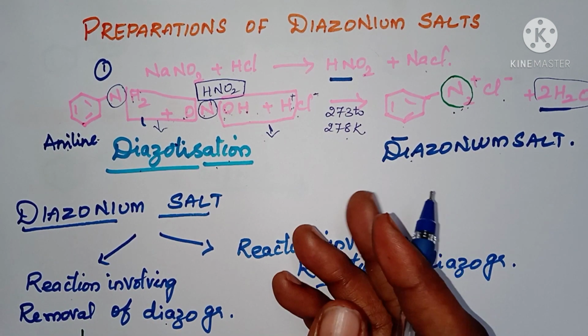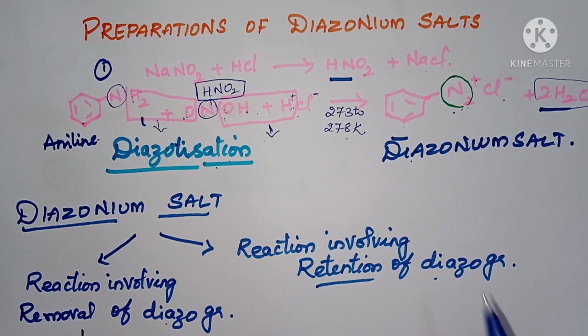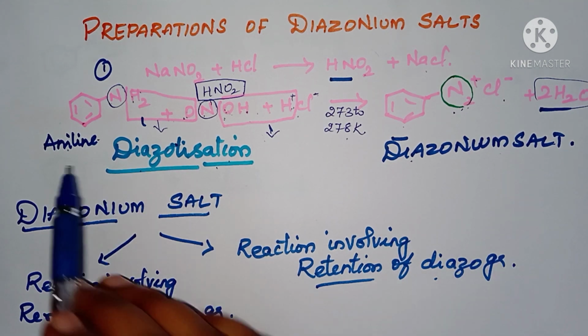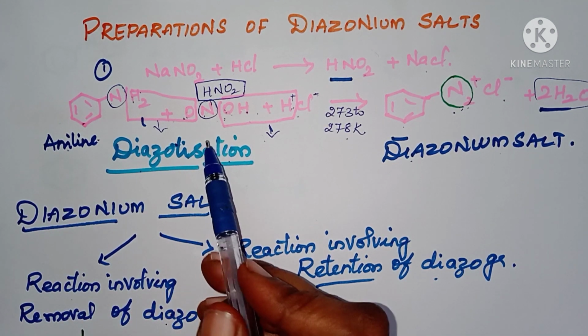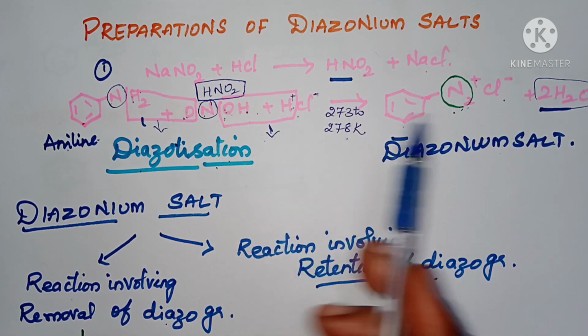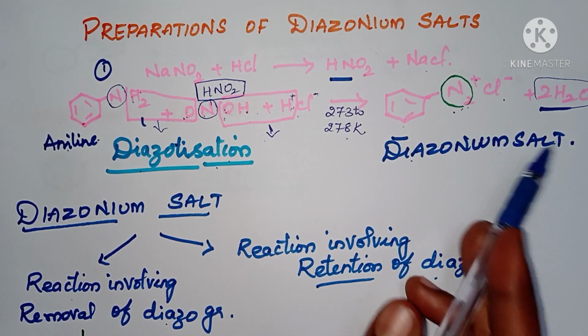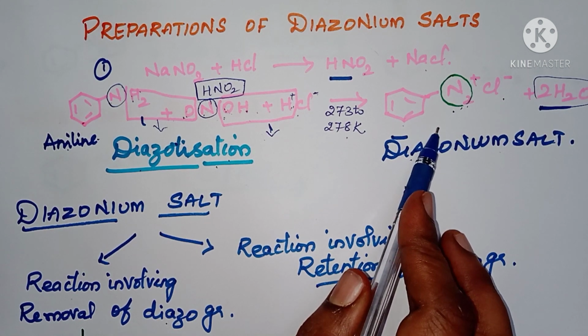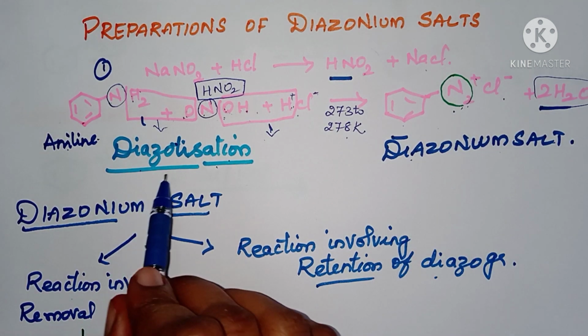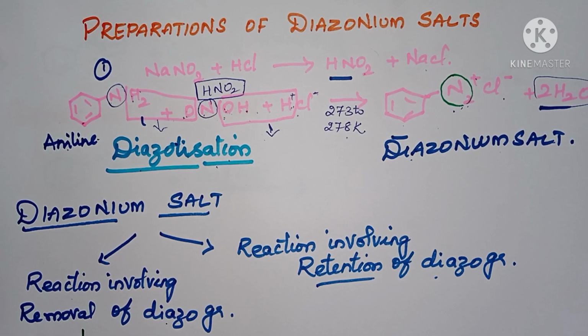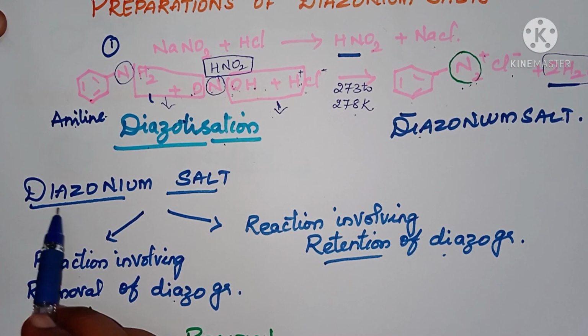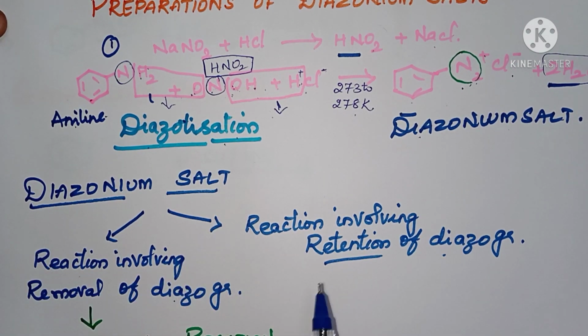Suppose if they ask a 2 mark question, what is diazotization? That is the preparation of diazonium salts. Aniline is reacted with nitrous acid along with HCl, you are getting a diazonium salt. Okay, so this equation you can write it. Hope you got it.